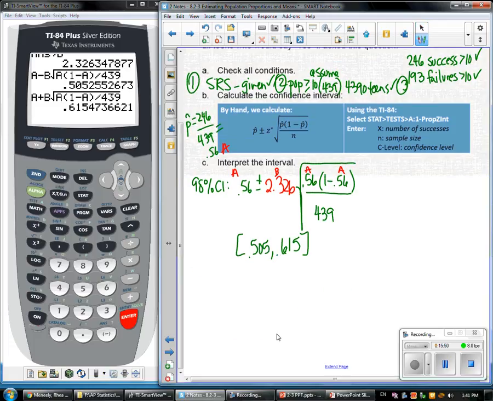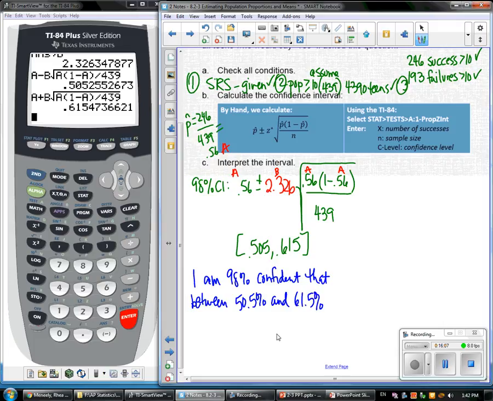I am 98% confident that between 50.5% and 61.5% of teens, I'm going to say, would respond yes to the question. Okay. All right, and that's how I would interpret the interval.